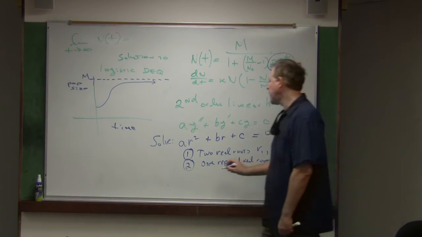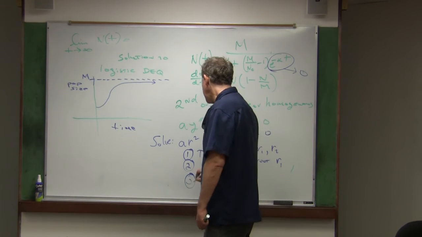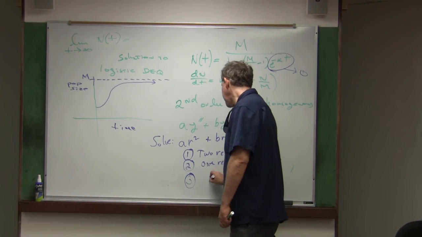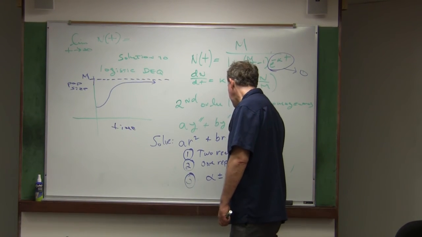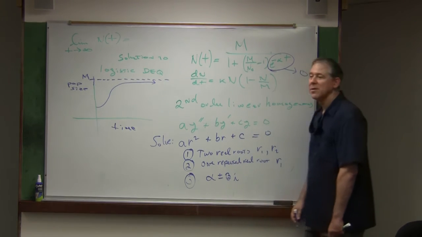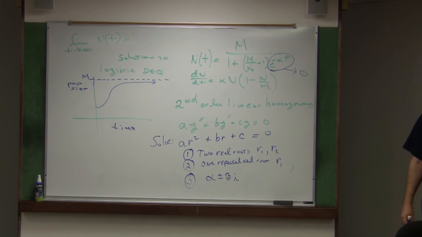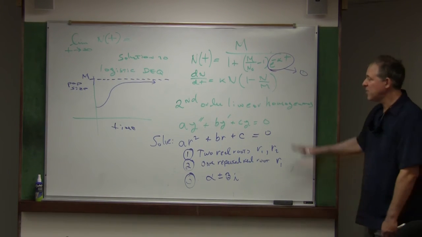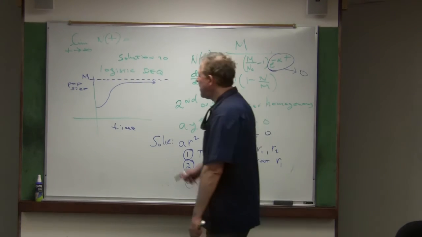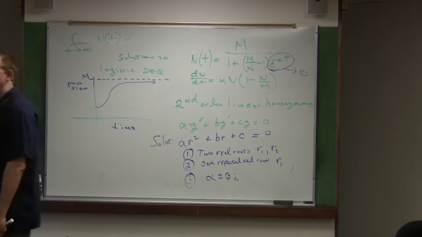And the third thing is you can get alpha plus or minus beta i as a solution, a complex number and its conjugate. So there are 3 cases, and those 3 cases determine the answer.